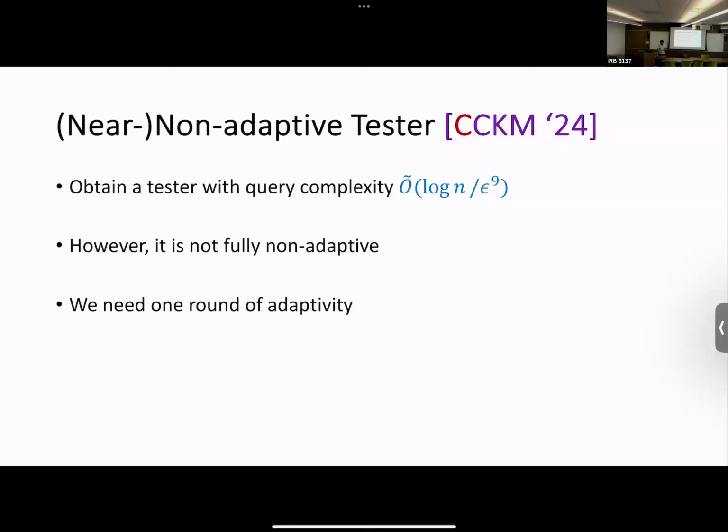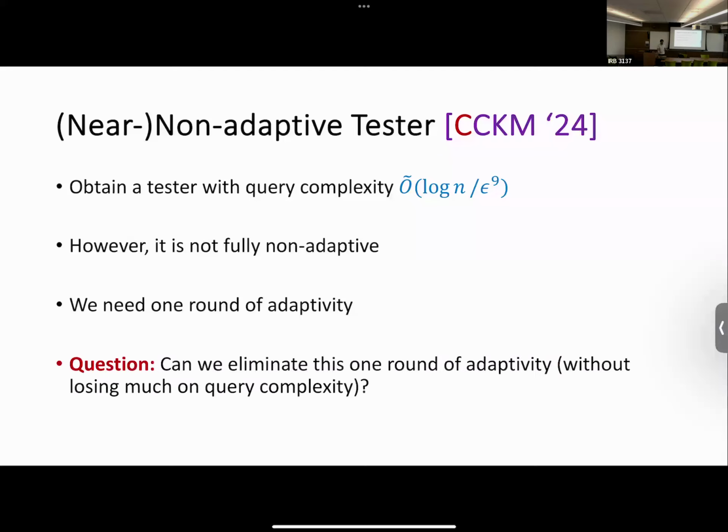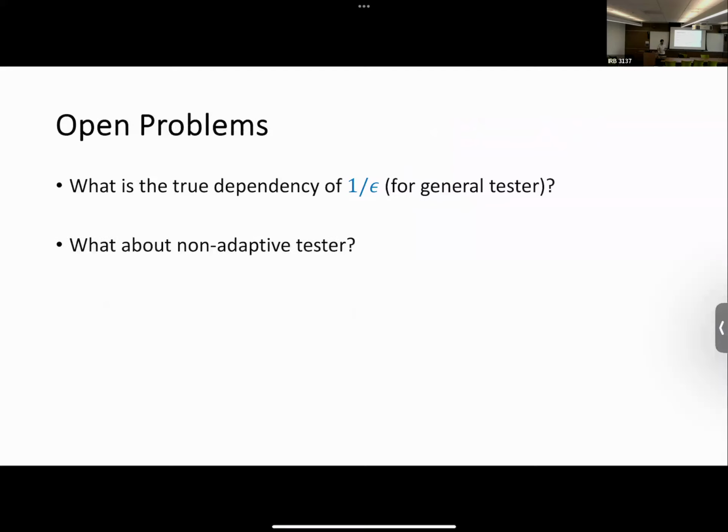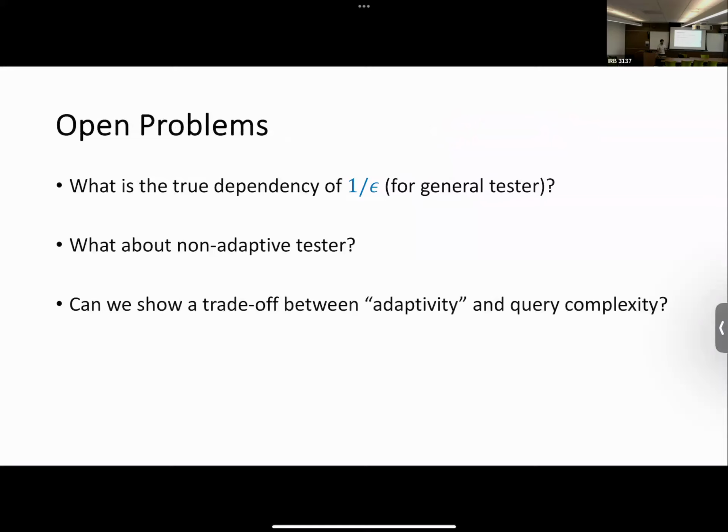For the non-adaptive version, the gap for the domain size as well as epsilon are both open. What we can show is that with one round of adaptivity, we can close the gap. But the question remains for a pure non-adaptive tester, what is the true dependency on domain size?